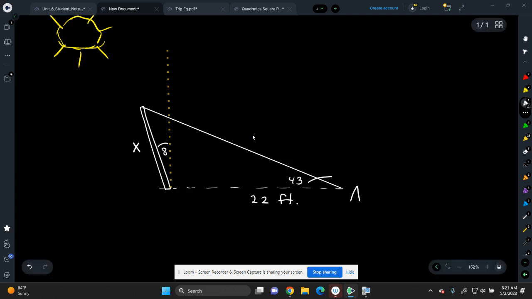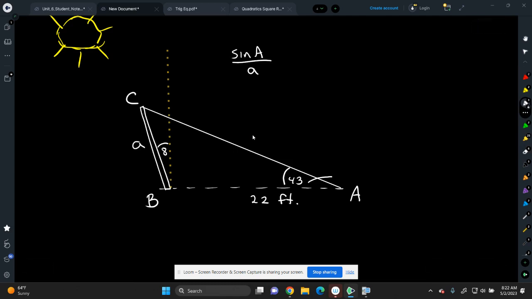So we'll call this A, B, C, okay? Okay, so I'm going to have to use sine A over A, right? Because I have angle A here, and I'm looking for, instead of calling that X, let me call it A. I'm looking for A. What can I set that equal to?